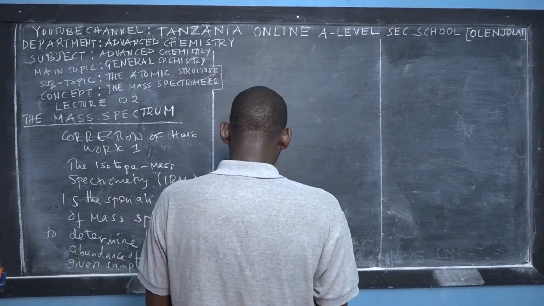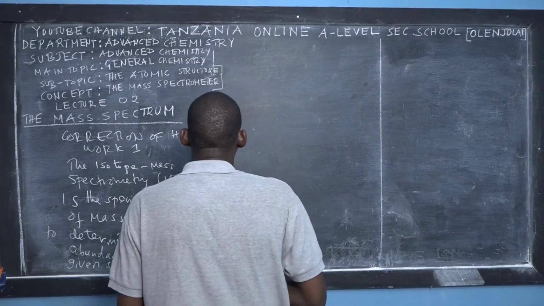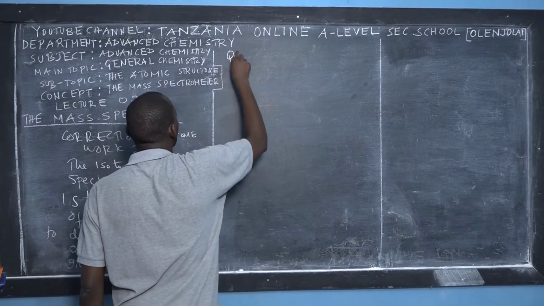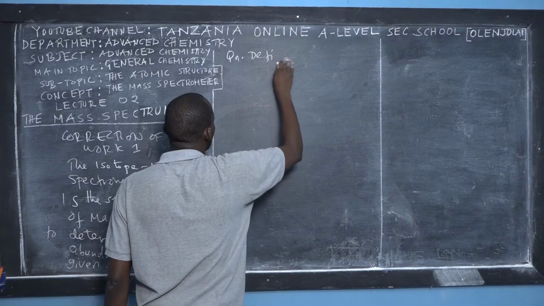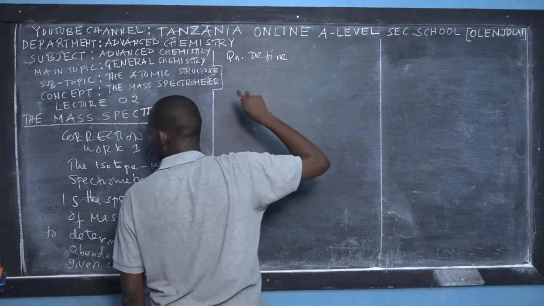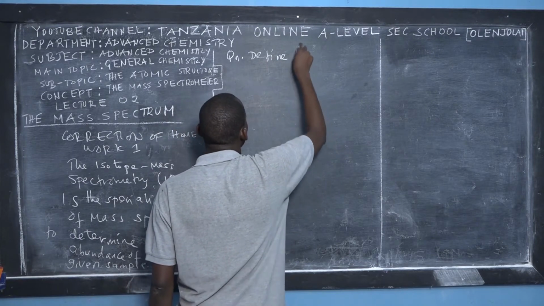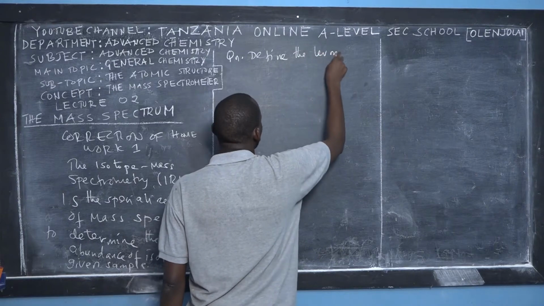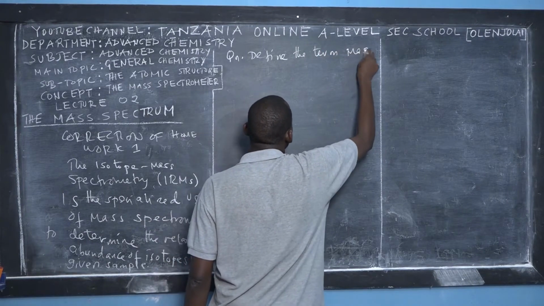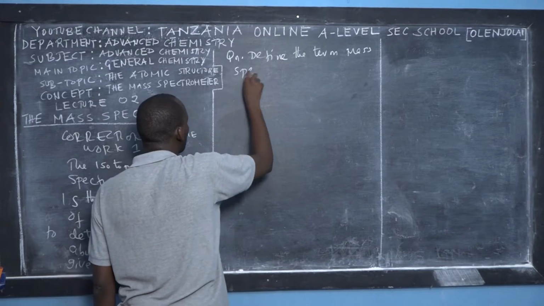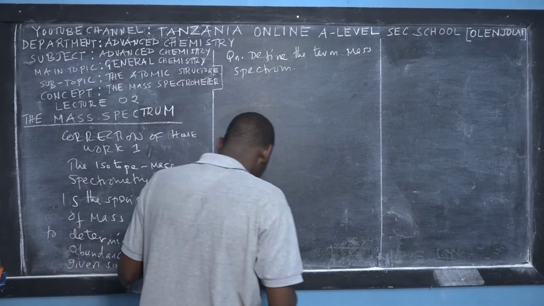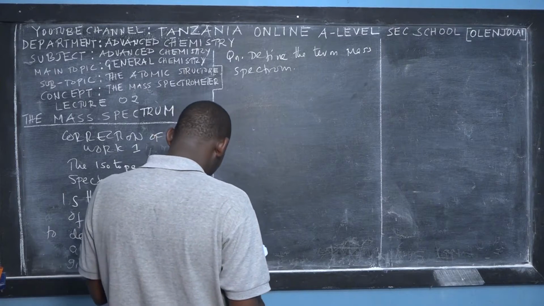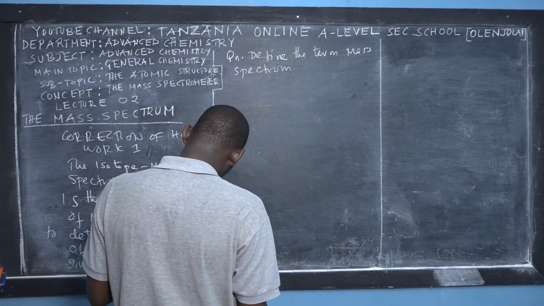Let us continue with today's questions, and I would like to start with this one: define the term mass spectrum. Say with me, define mass spectrum. What is the meaning of the mass spectrum?